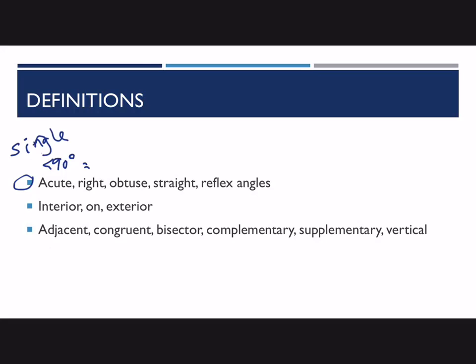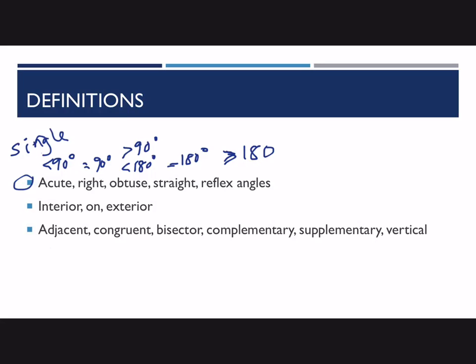Right angles have measures equal to 90. Obtuse angles are greater than 90 and less than 180. Straight angles have measures equal to 180, and reflex are the ones that are greater than 180 degrees.